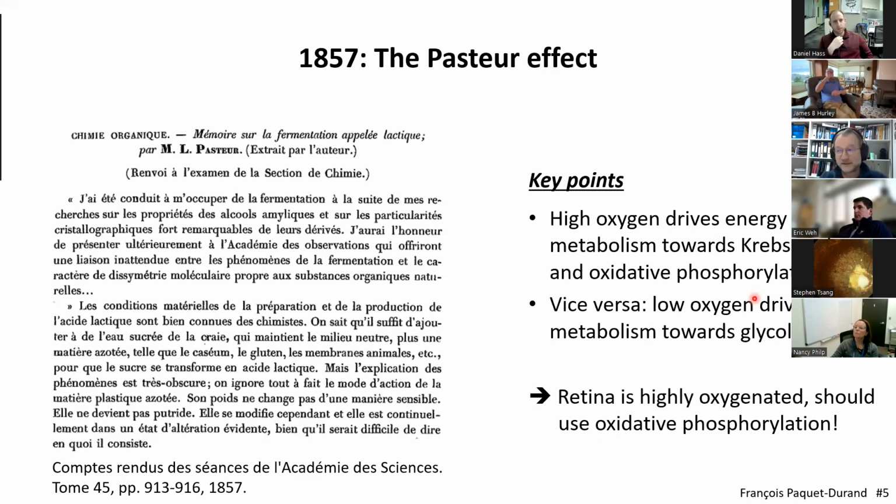He found out that oxygen actually drives energy metabolism towards the Krebs cycle and oxidative phosphorylation. And vice versa, if you reduce oxygen levels, then you can drive metabolism towards glycolysis. So if we apply this to the retina, a highly perfused, highly oxygenated tissue, you would expect the retina to use oxidative phosphorylation, according to Pasteur at least.